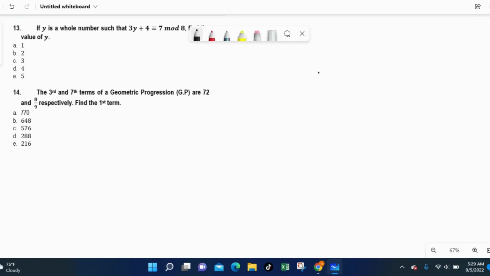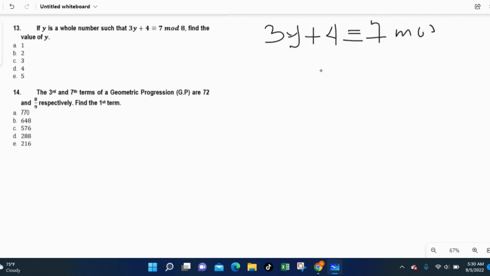Let's look at question number 13. It is asking us to find the value of y. We are told that 3y plus 4 is equivalent to 7 mod 8.